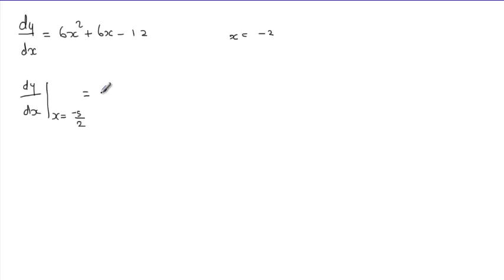That is going to be 6 times 25/4 plus 6 multiplied by -5/2 minus 12. I think here we're going to get 3 times 5, which is 15, over 2. Negative 15. These two give us minus 15 minus 12. Minus what? Minus 27.